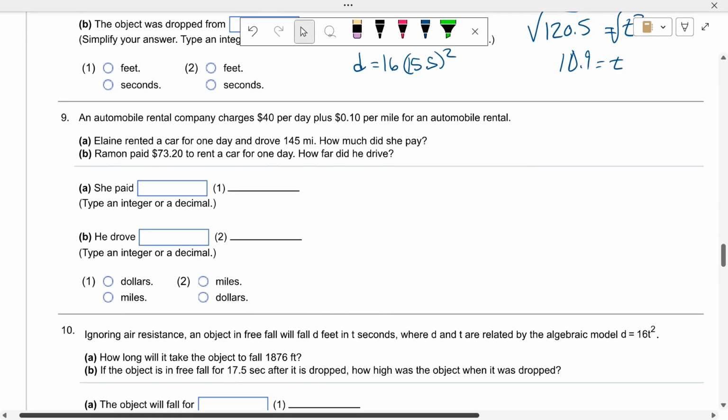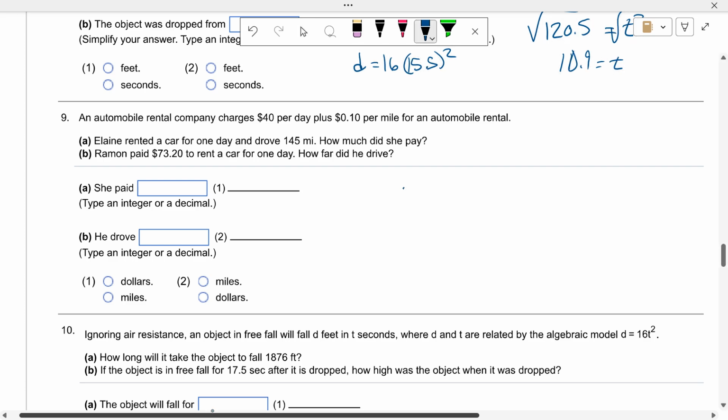A car rental company charges $40 per day plus 10 cents per mile. She used the car for 1 day and drove 145 miles. How much did she pay? Okay. Well, let's set up a function for this. Let's set up an algebraic model.